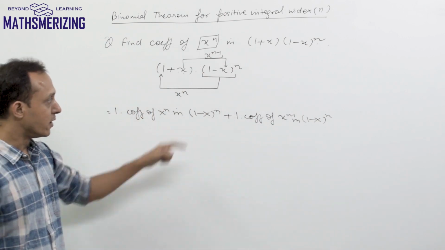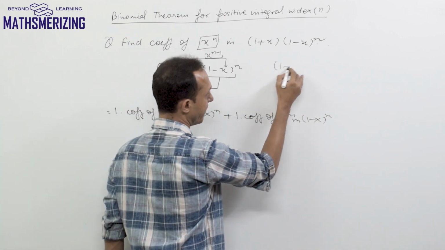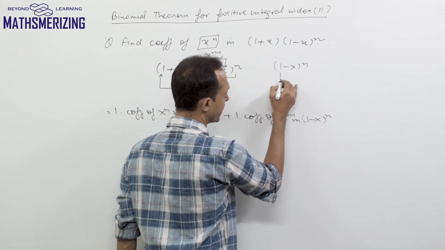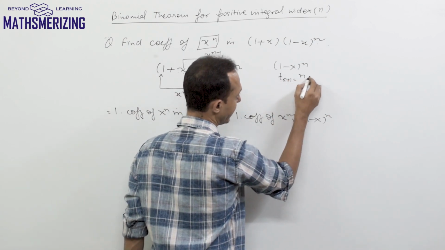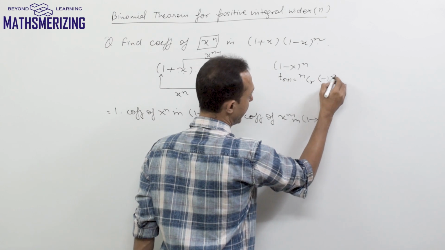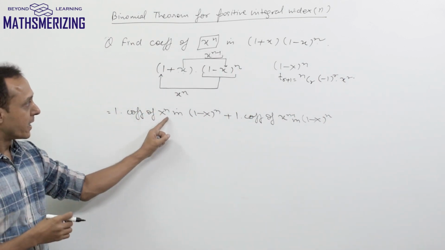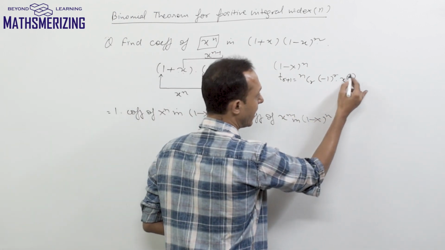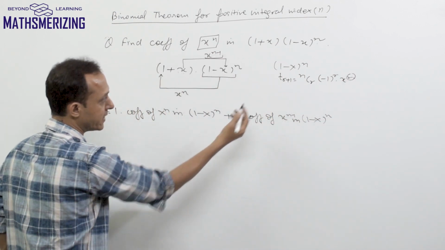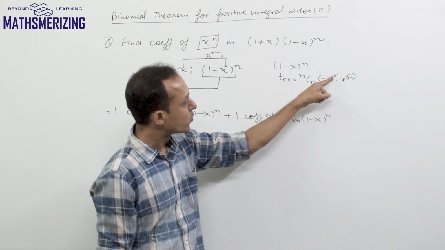Now I'll write its general term. For (1 minus x) to the power n, its general term is nCr (minus 1) to the power r into x to the power r. Now for the coefficient of x to the power n, I'll need to put r as n. So in that case, the coefficient I'll get is nCn (minus 1) to the power n.